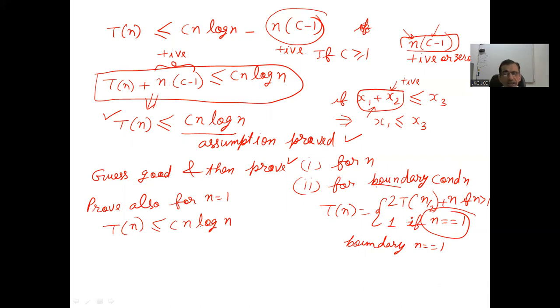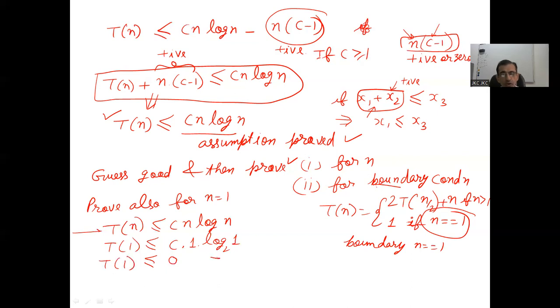Now this is a non-recurrence relation. Substitute it for 1. I have proved it for n, so for any value of n, it should satisfy. For T of 1, this will become equivalent to c into 1 into log base 2 of 1. This effectively becomes less than or equal to 0.